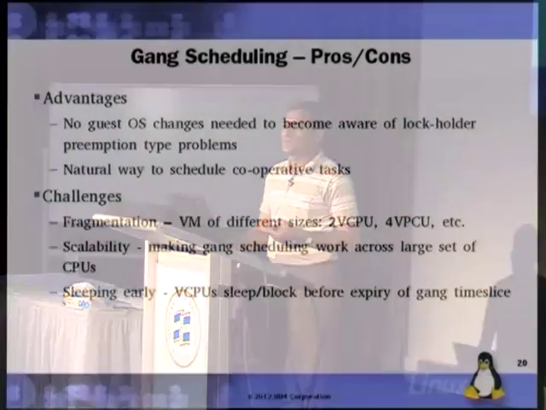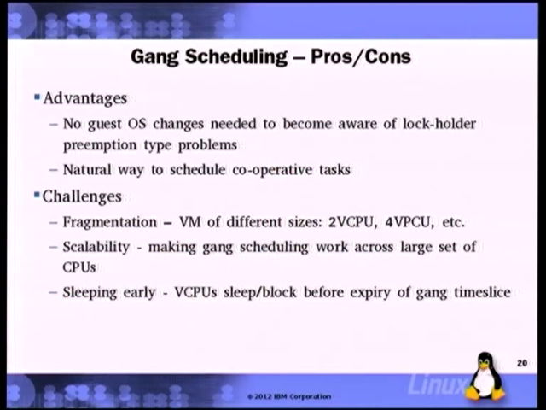Looking at the advantages, there is no guest modification required. The guest kernel does not need to be modified to solve problems like LHP. It's one of the natural ways to solve cooperative tasks when you have a producer consumer kind of scenario, so it is more natural to gang them up and schedule them together.